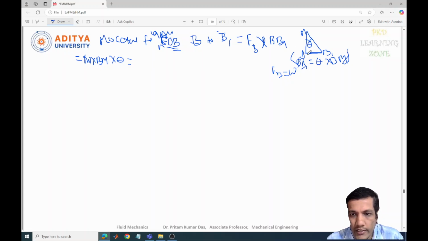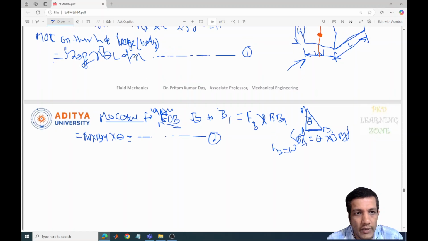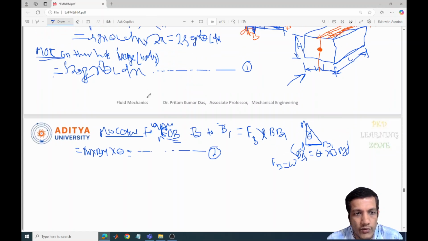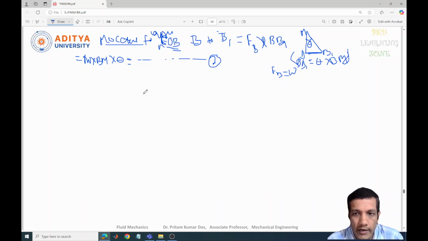For W we didn't get anything, so let's keep this as equation 2. Now let's compare this moment of couple with the moment of couple we got previously, because these two couples will be the same. So let's equate equation 1 and equation 2.